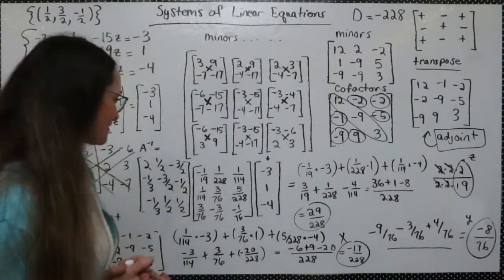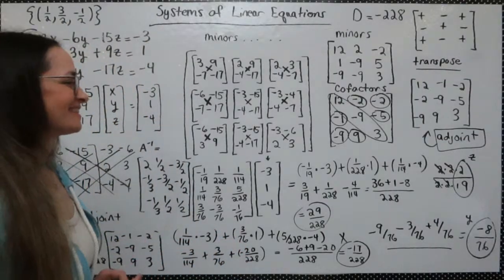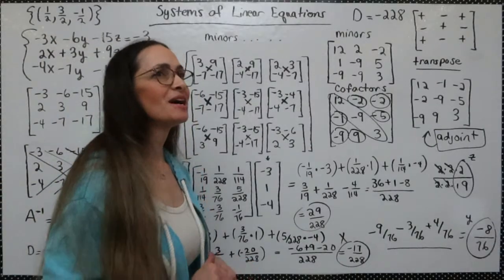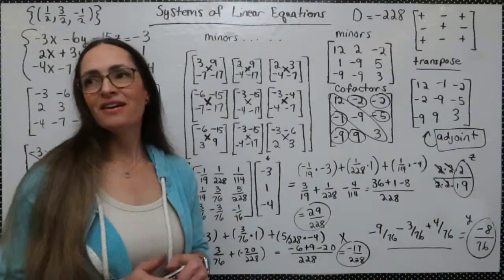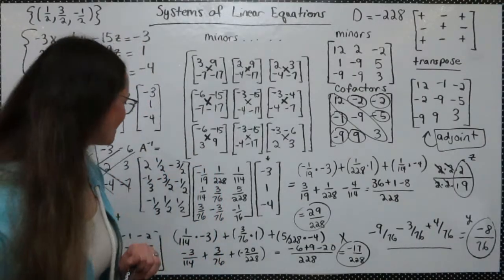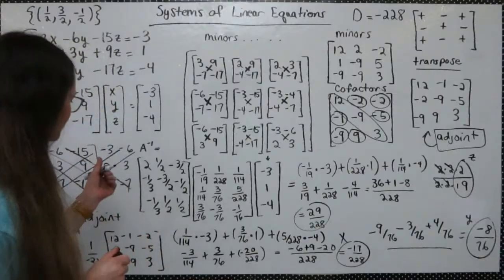That's the silver lining, because now it's lighting a candle for me to go and figure out my mistake, because I've got to find it. But yeah, this is the actual inverse.